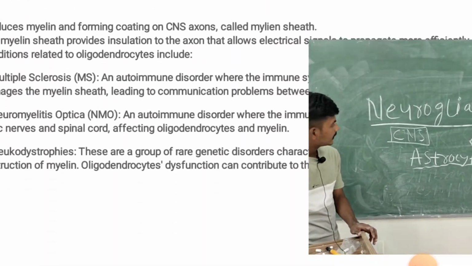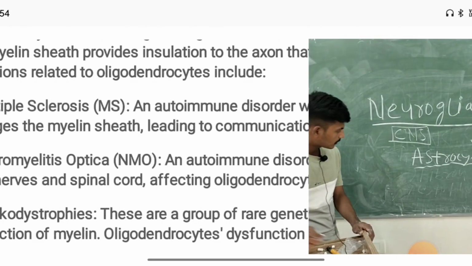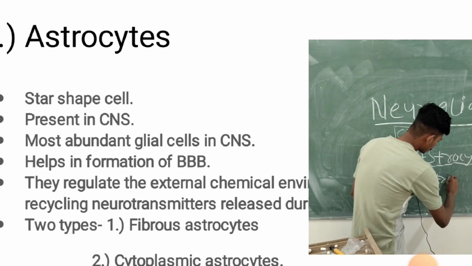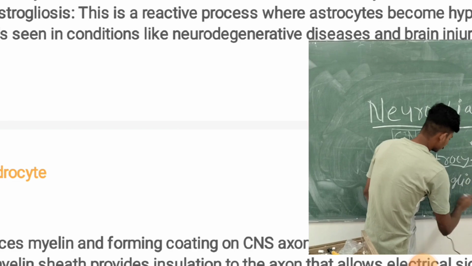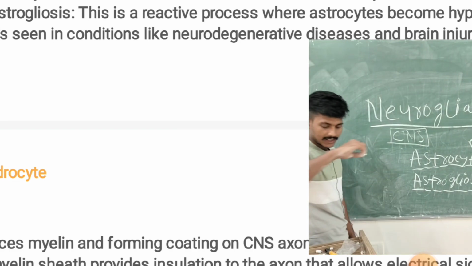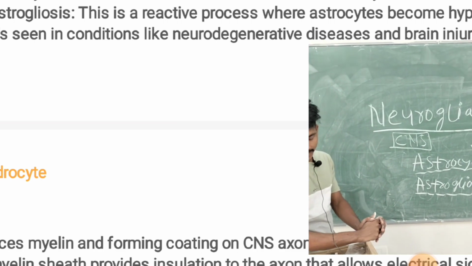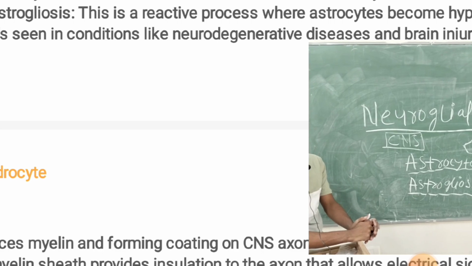Another disease related with the astrocyte is called astrogliosis. In astrogliosis, this is a reactive process where the astrocytes become hypertrophic in response to injury or disease.